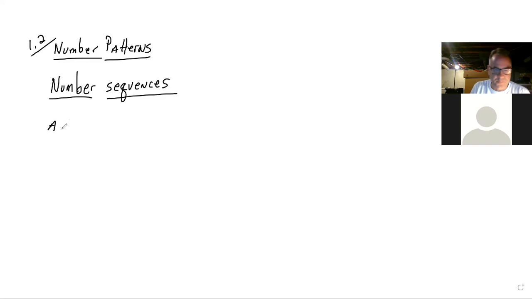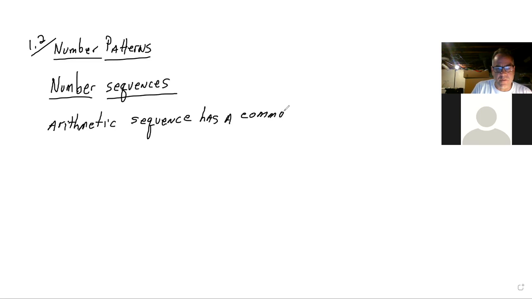One we're going to call arithmetic. If you have an arithmetic sequence, it has a common difference between successive terms.